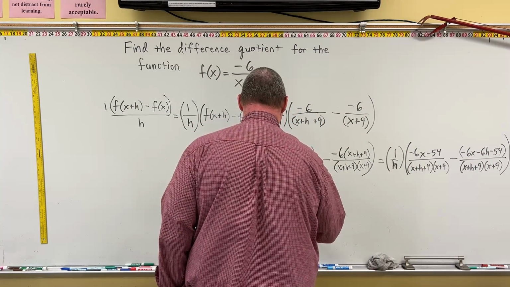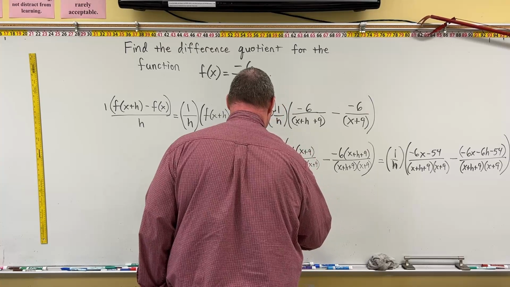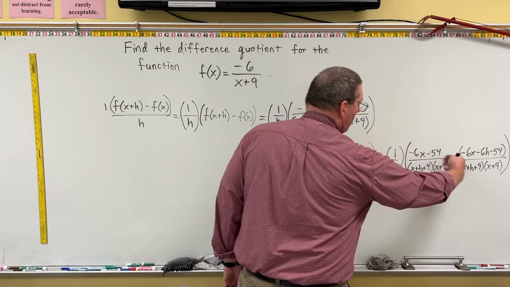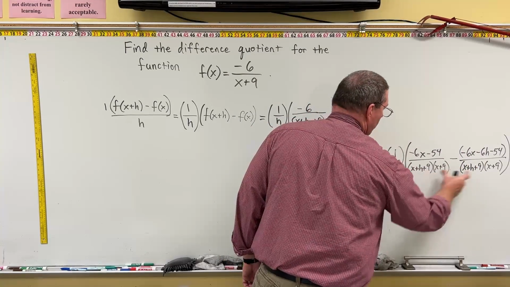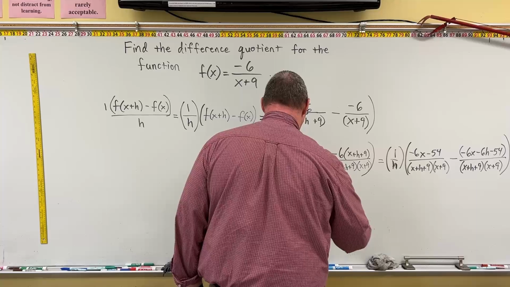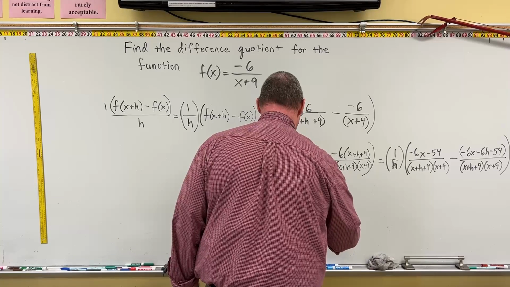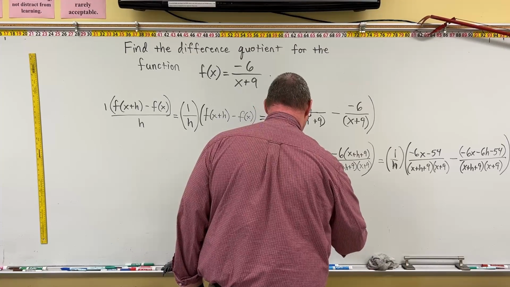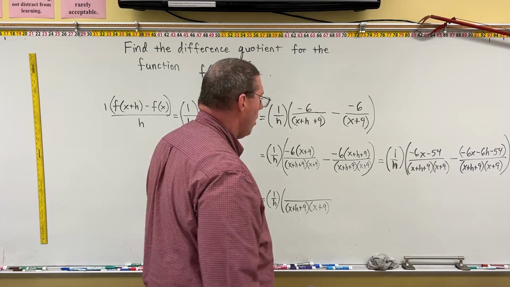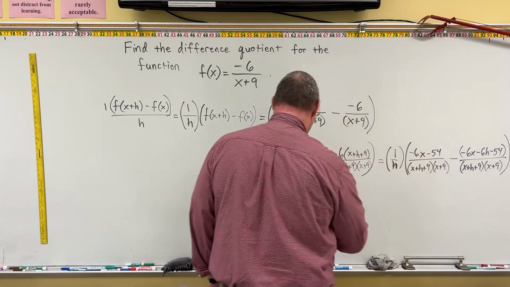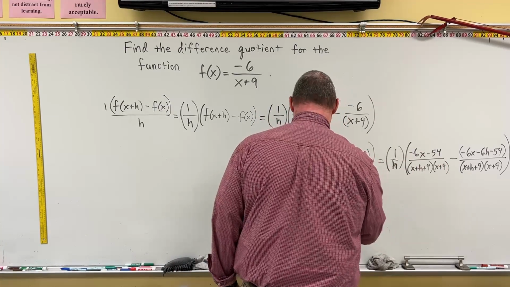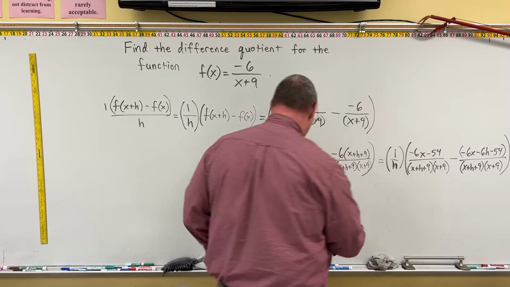This is now going to be equal to 1 over h times, we can turn this into one fraction because we now have a common denominator. The common denominator is going to be (x + h + 9)(x + 9). And now we're going to do negative 6x minus 54, there it is.